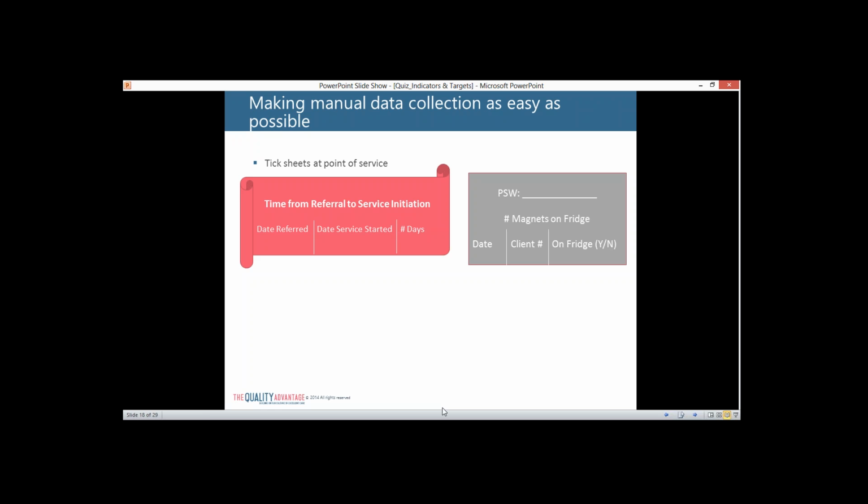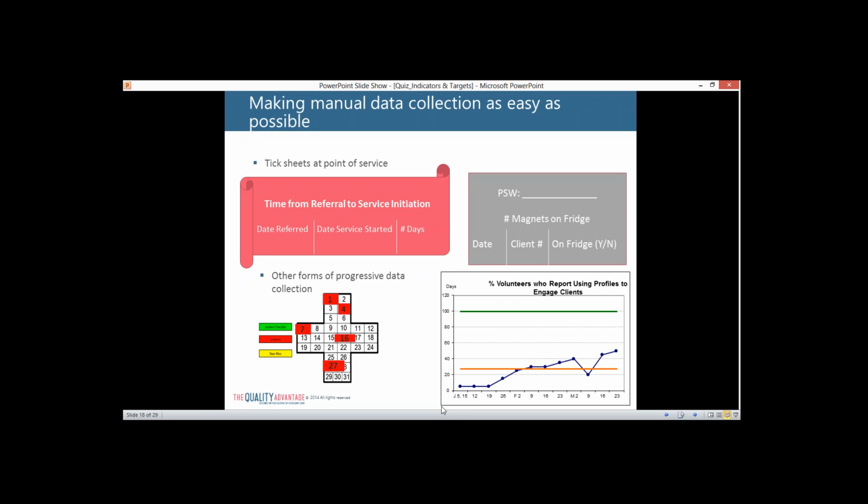This easy tick sheet is something the PSWs going into these assisted living units can keep in their pocket, and when they go into the person's home, they just mark down the date, the client number, and make sure that the magnet with this contact information is on the fridge, and mark in a yes or a no.